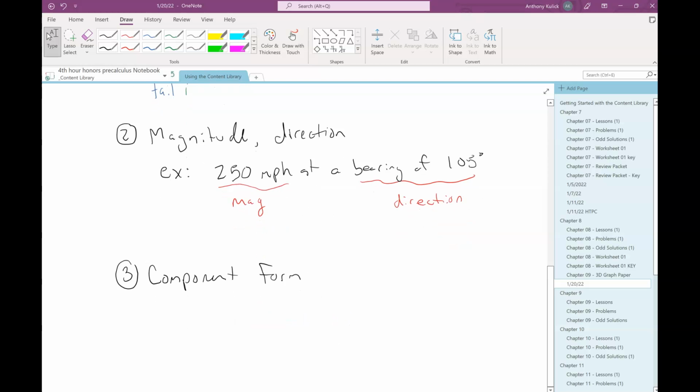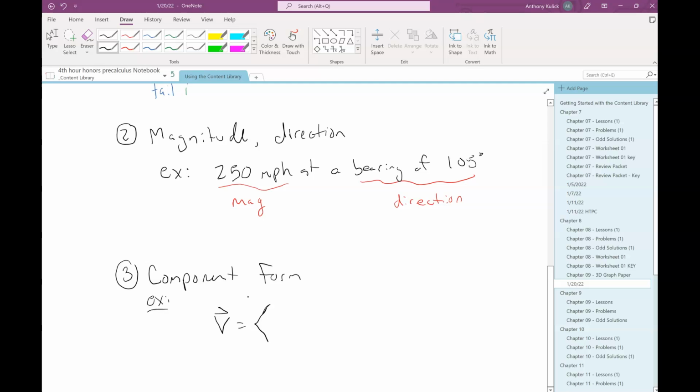And the last representation here, at least initially, is going to be this component form. The way we represent a vector in component form, when we name our vector, we're going to put that little vector hat on top of it. That's like half of an arrow that I've drawn.